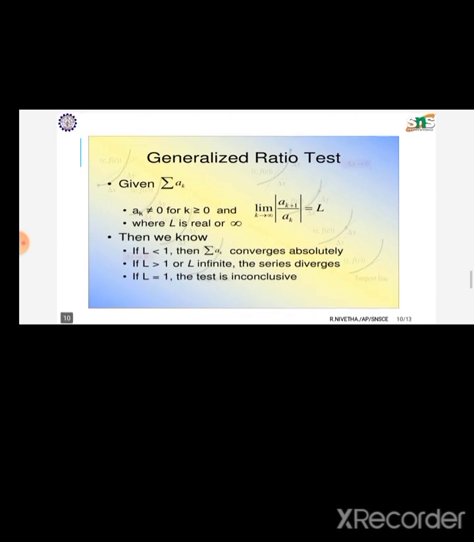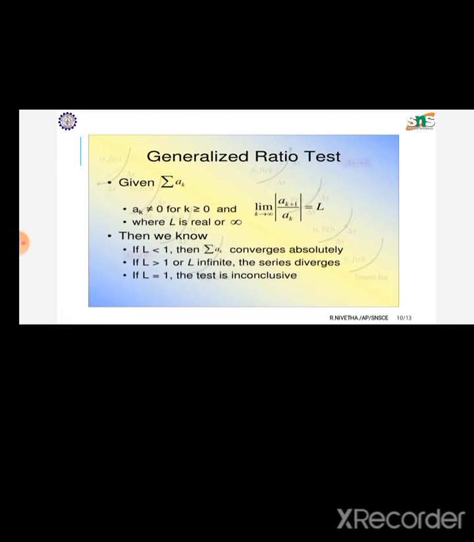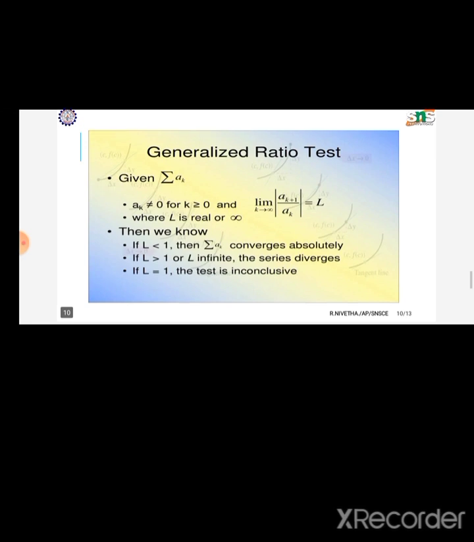Next is the ratio test. If three conditions are satisfied, then the ratio test applies. For the summation of a_k, a_k must not be equal to 0 for k greater than or equal to 0, and the limit as k tends to infinity of |a_(k+1)| divided by |a_k| equals L, where L is a real value or infinity.